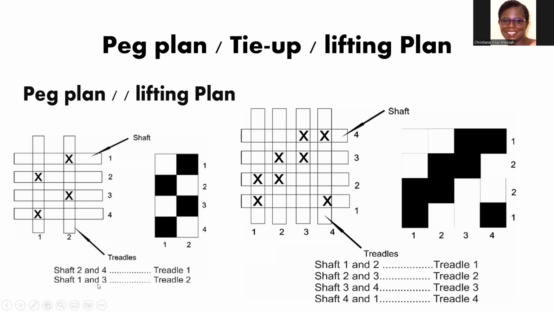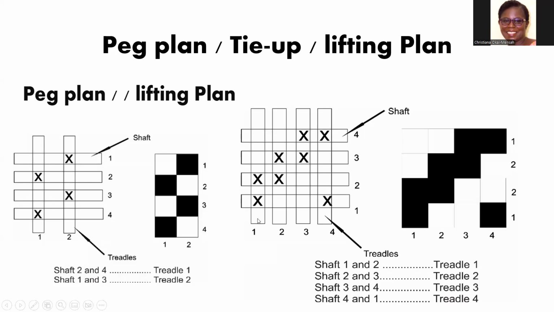Okay, you can do 1 or 2. So you start from here, 2 and 4 to treadle 1. It can be 1 or 2. Then 1 and 3 to treadle 2. So now the plain weave is 1, 3, 2, 4. Whichever way is 1, 3, 2, 4. So it takes 2 of the treadles.